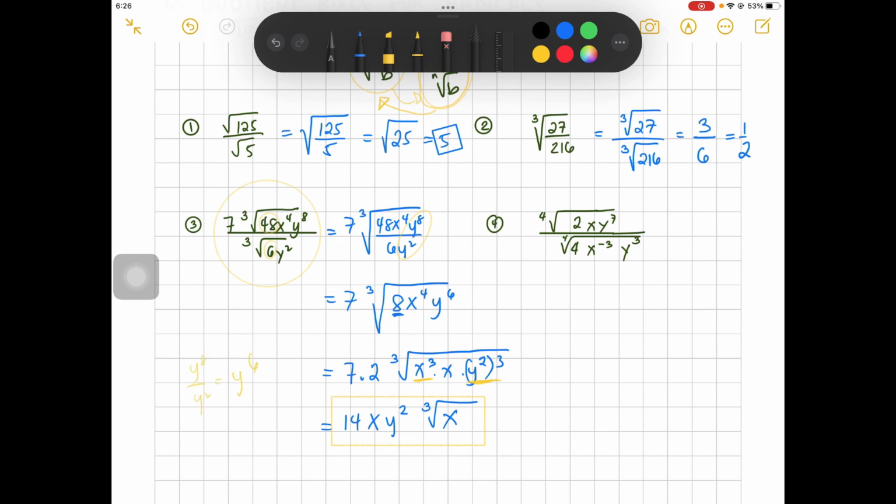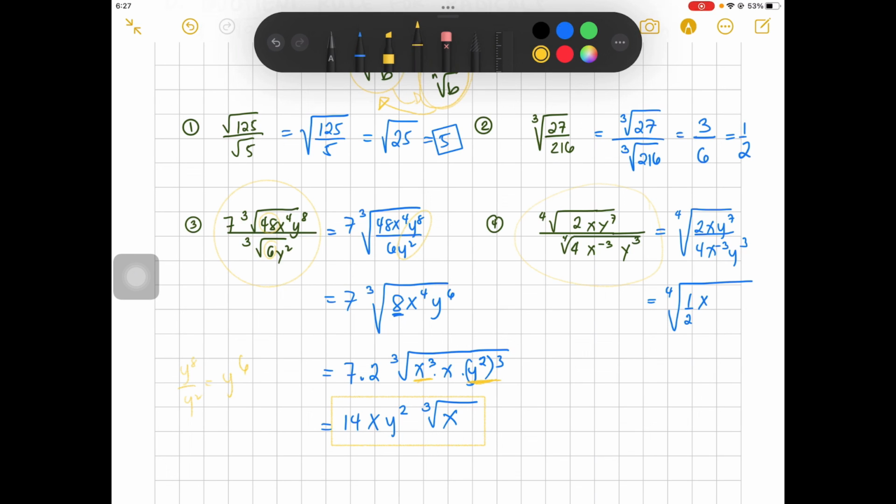Next, last example, number 4. So, 4th root. Magandang pagsamahin muna in one radical. 4th root of 2x y raised to 7 over 4x raised to negative 3, y raised to 3. 2 over 4, so walang perfect fourth power dyan, sabihin na natin 1/2.